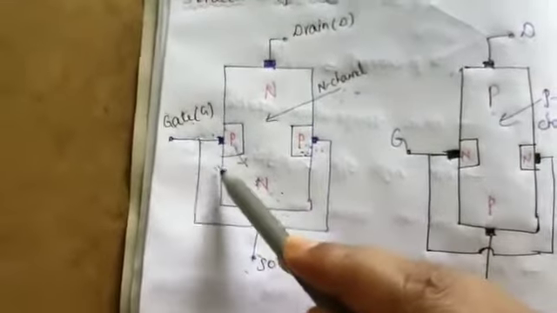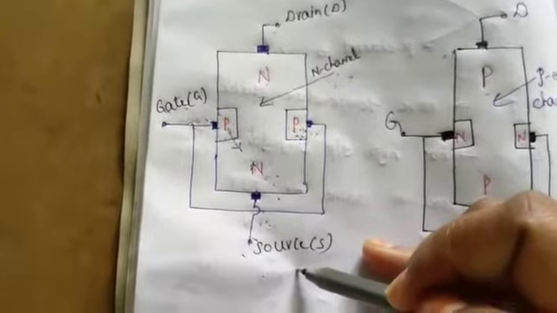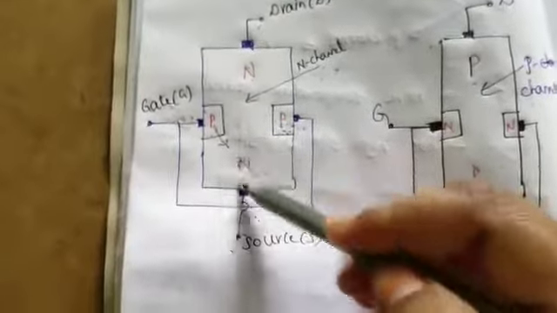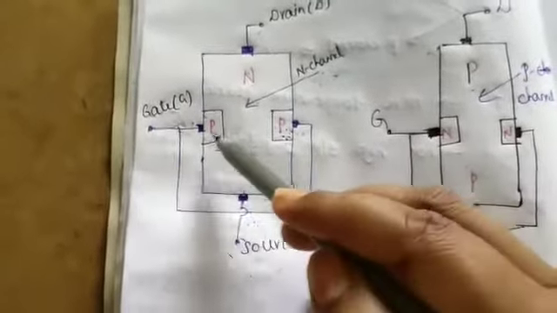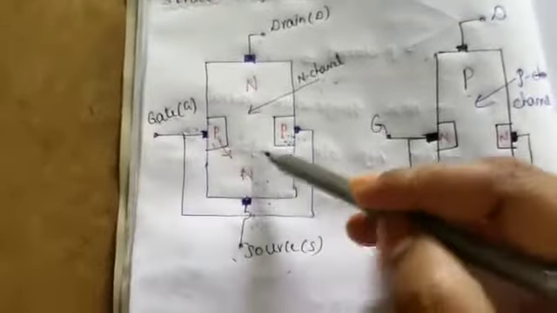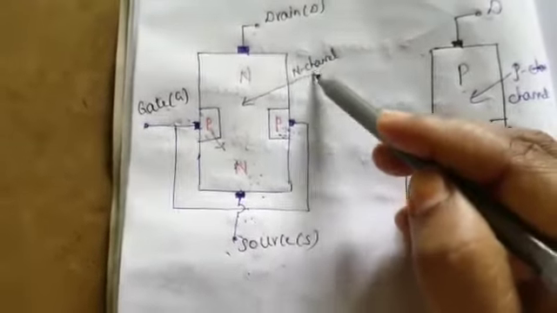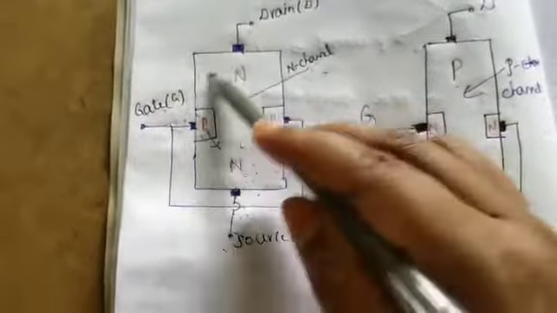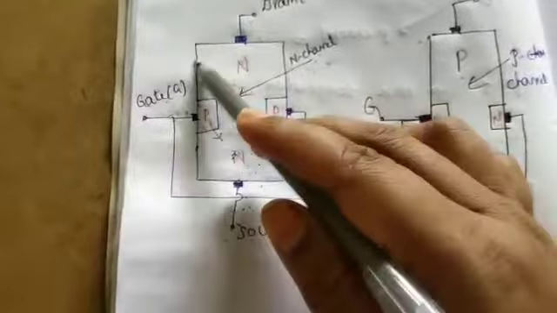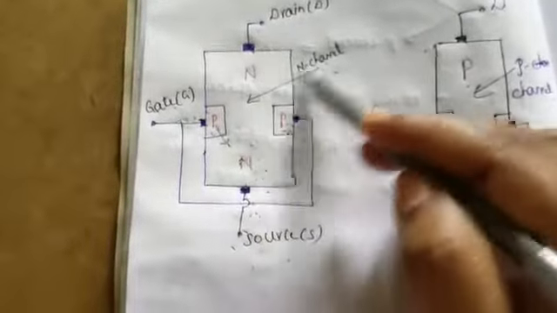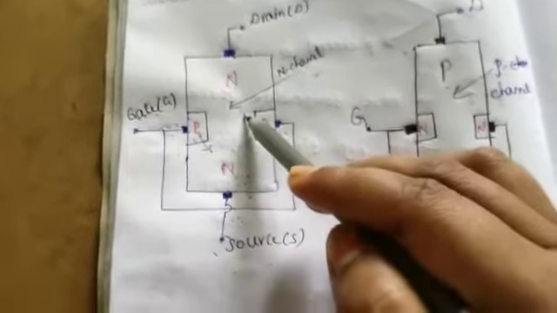Finally it has three terminals: gate, drain and source. Drain and source are N type and the gate is P type. The space between the drain and source is called the channel. Here the channel is N type material, so it is called an N channel JFET.